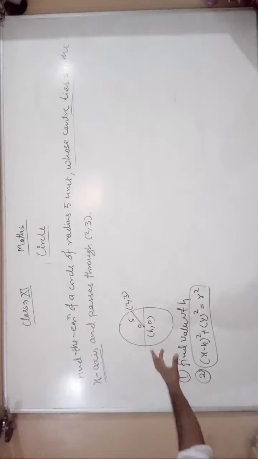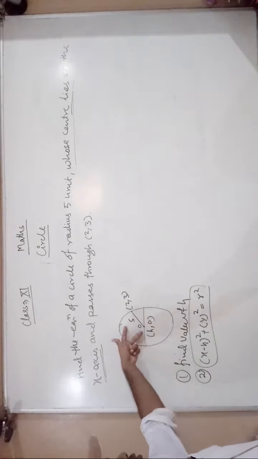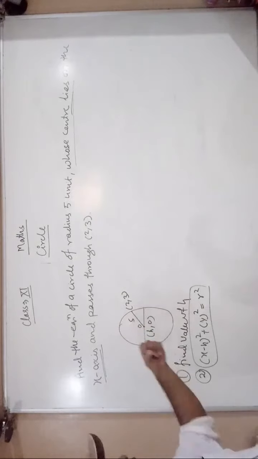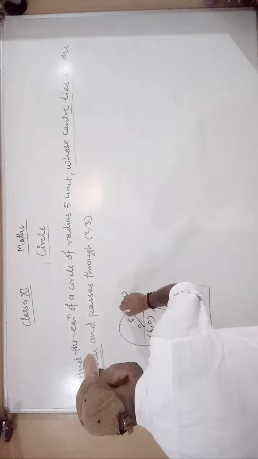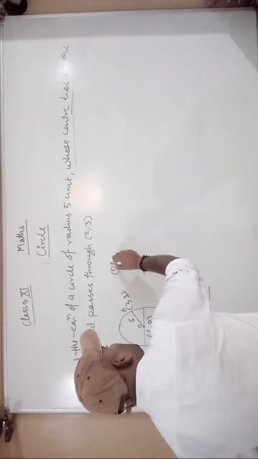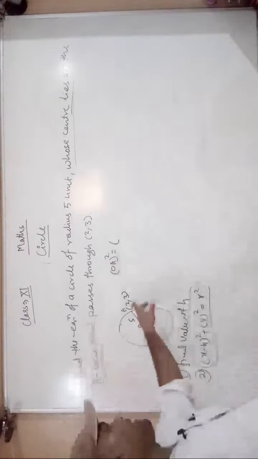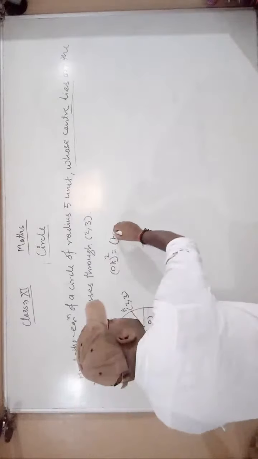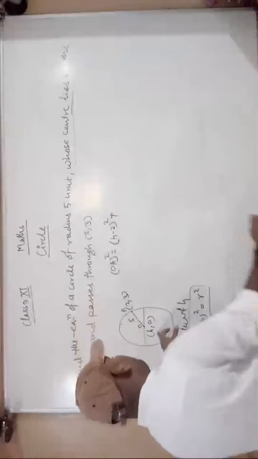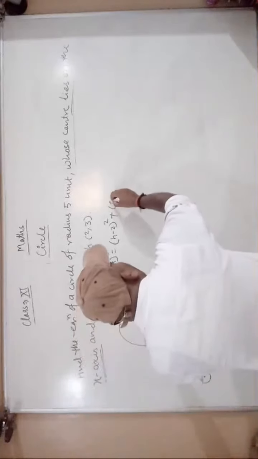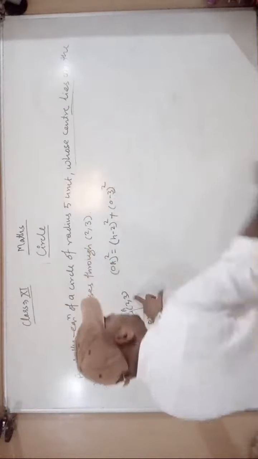Okay, to find the value of h, again we will use the distance formula. Suppose this point A, so square of OA is equal to h minus 2 square plus 0 minus 3 square. Clear?